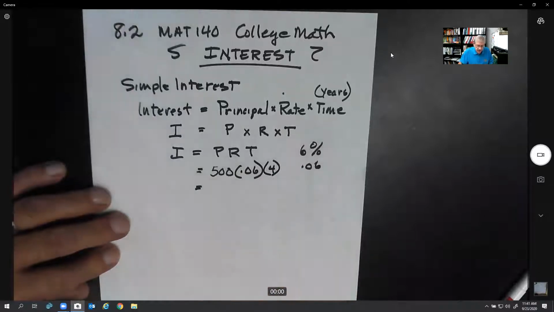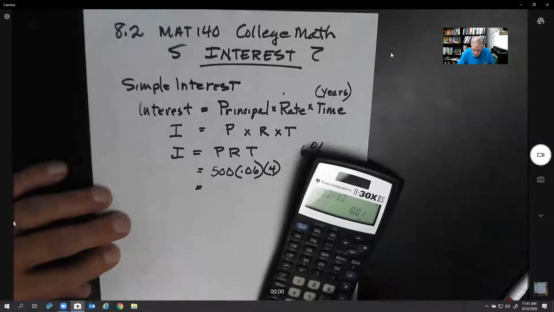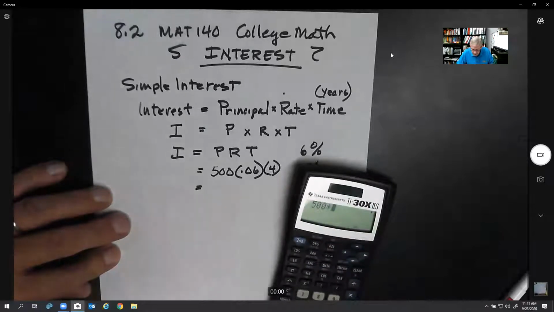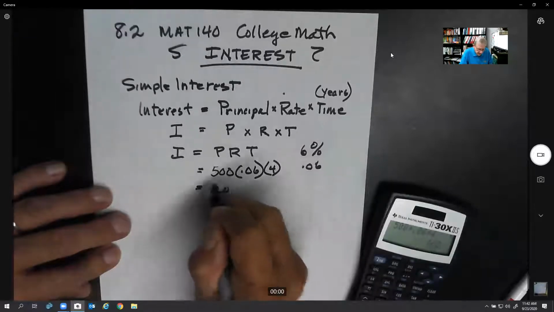If we multiply these three quantities, 500 times 0.06 times 4 years, we get $120, and that's the interest.